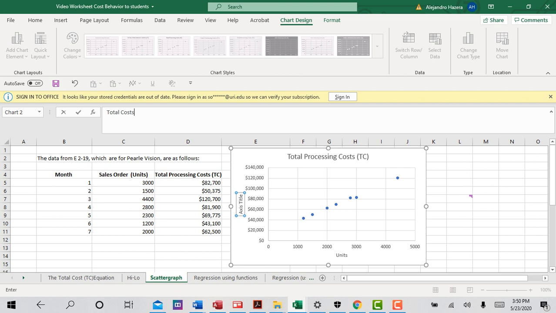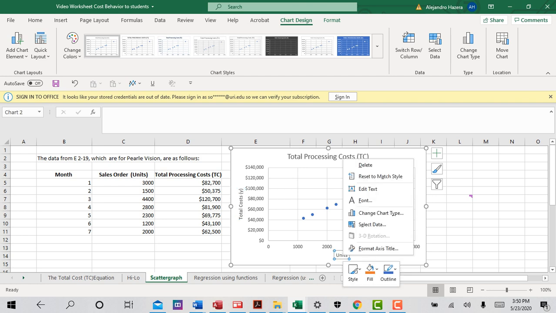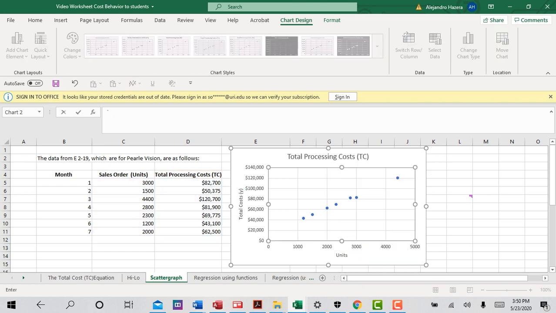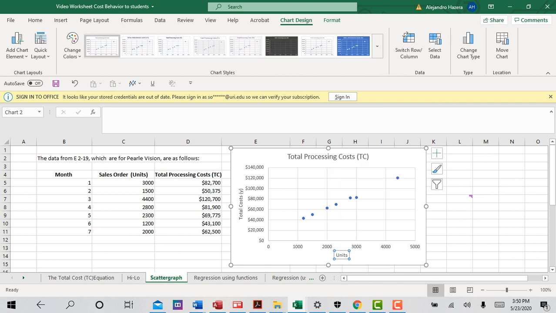I'm going to put y here because in most regressions, y is the dependent variable, and it's the dependent variable here because the cost depends on the number of units. And I'm going to put x for the units here for the independent variable.